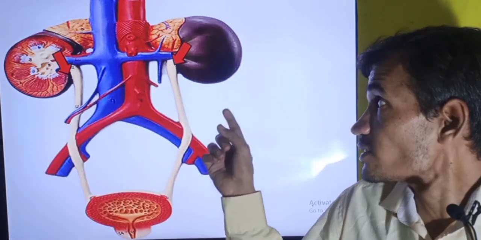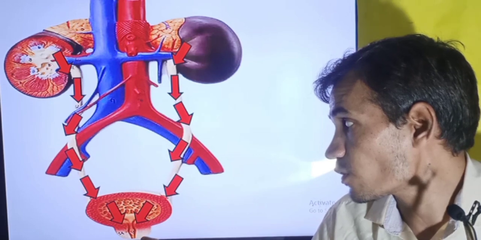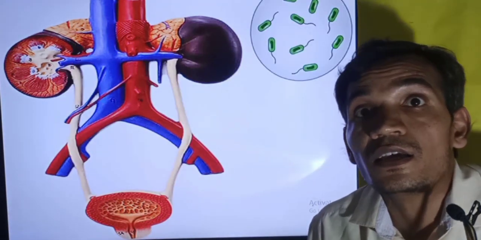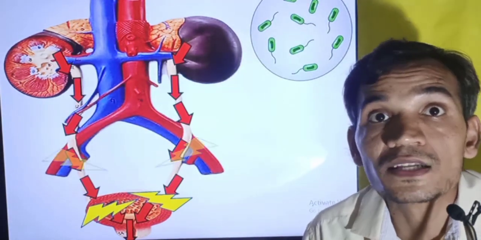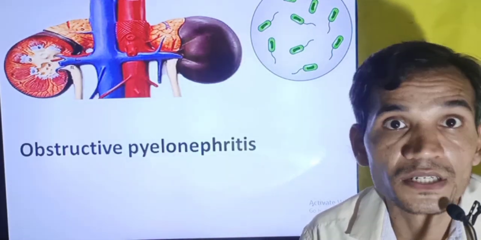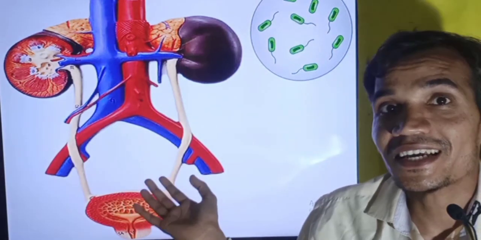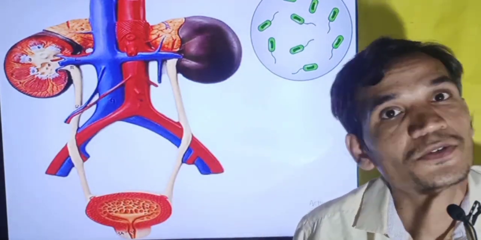Second, urine has to move from the kidney, follow the ureter, and move out through the urethra. If a pathogen attacks and blocks the pathway at several steps, it is called obstruction and causes obstructive pyelonephritis. That is all about the urinary tract and the pathogens that infect it.